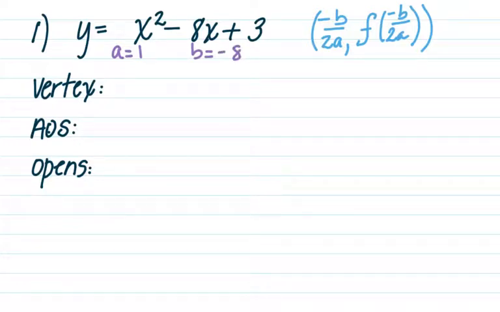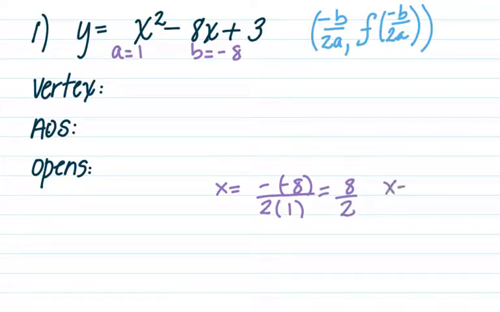So using the formula, x is equal to negative b, so negative and then negative 8, all over 2 times 1. So a negative and a negative make a positive 8 over 2, so x is equal to 4. So the x-coordinate in our vertex is 4.